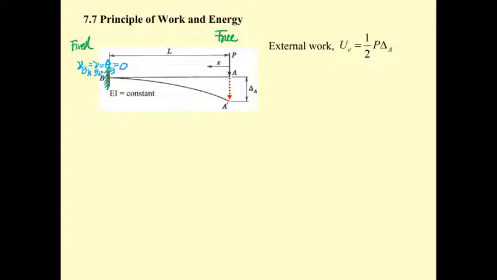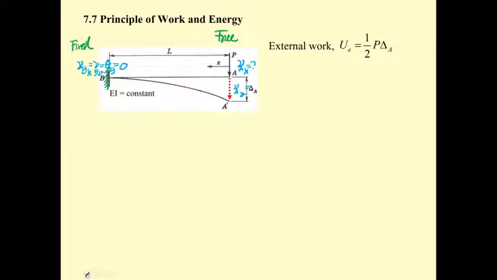For the free end, you may have the deflection at A. This one may be the deflection at A in the vertical direction. And actually, you have the deflection at A in the horizontal direction, which is usually very small compared to the vertical deflection.